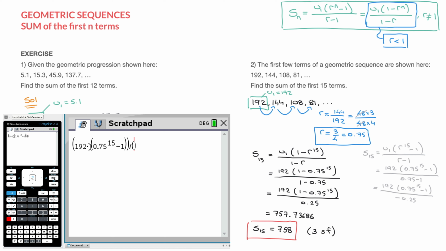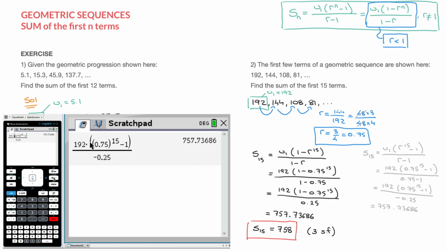And I'll type that inside a pair of parentheses, that's negative 0.25. I exit those parentheses, and I press on Enter. And we're done. On our calculator, we can see that that's equal to 757.73686, which is exactly the same result as the one we had found previously.